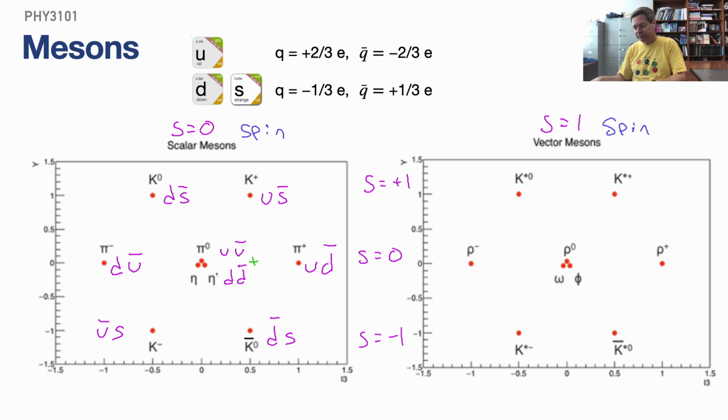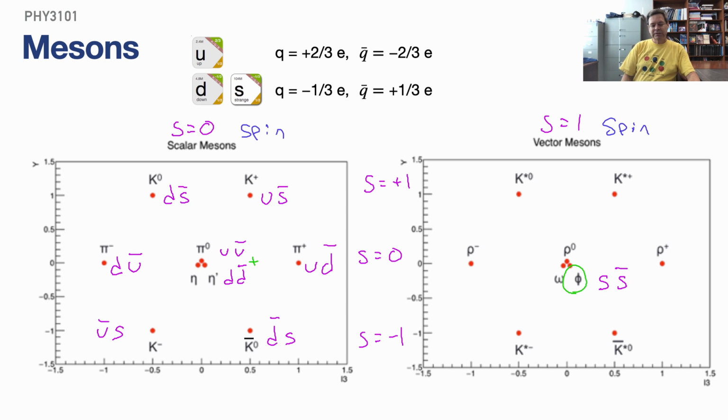Their composition would be quite similar to the ones on the left. The only difference is, for example, we have this phi meson here in the center, and that is actually a pure bound state of strange and anti-strange.